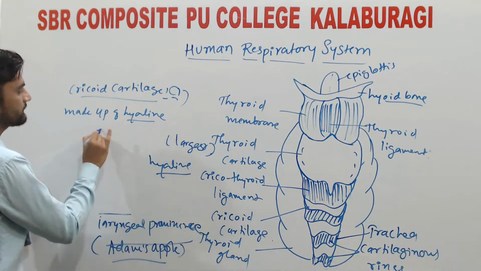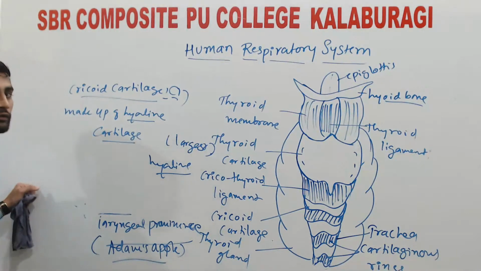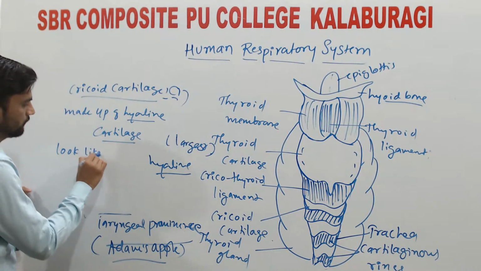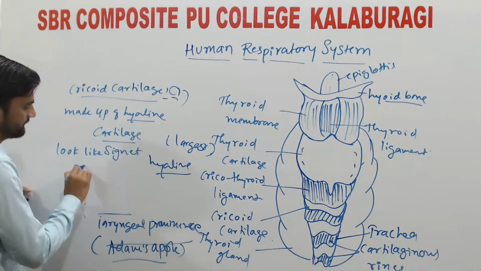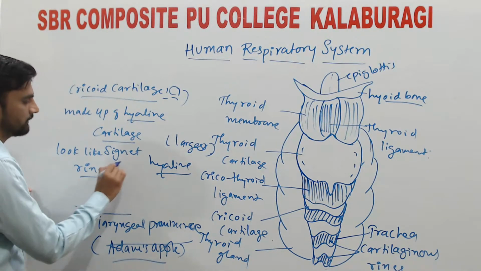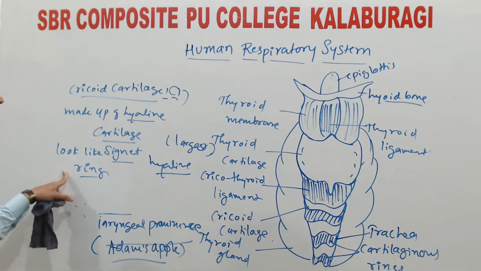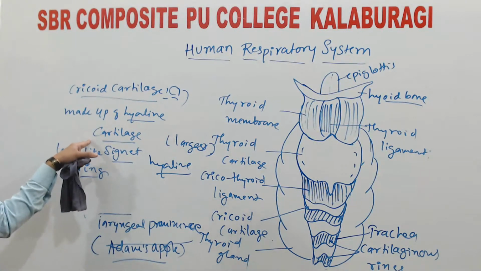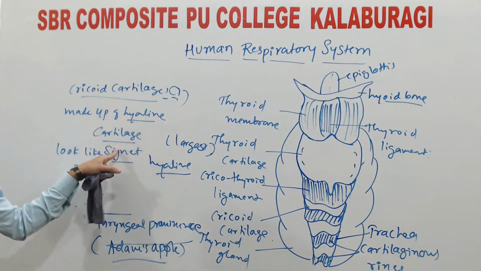It will look like a signet ring. You already know what is meant by a signet ring. It looks like a signet ring-like structure, and that is the cricoid cartilage, made up of hyaline cartilage.